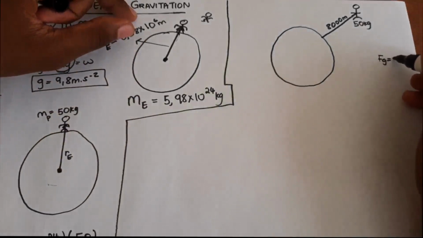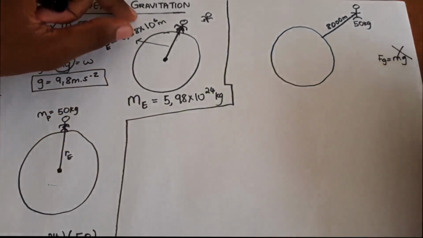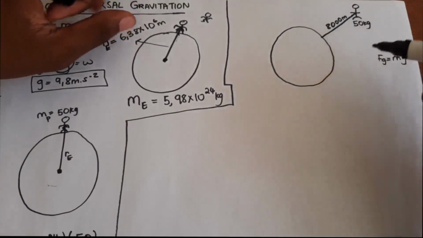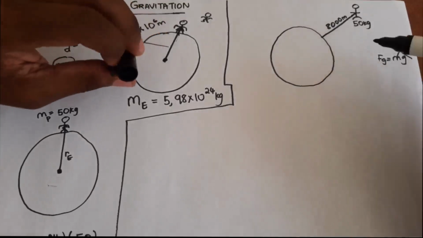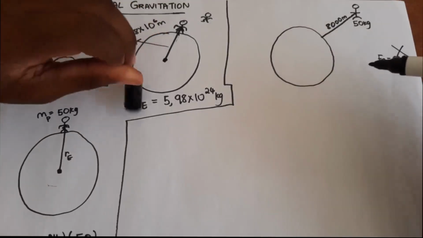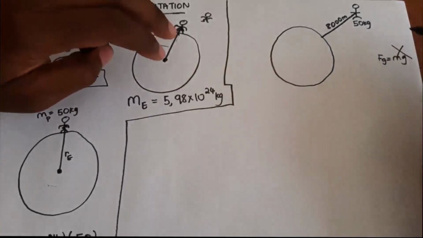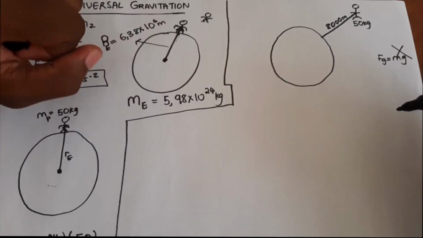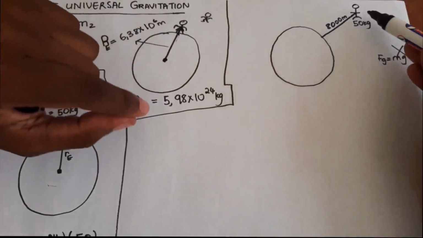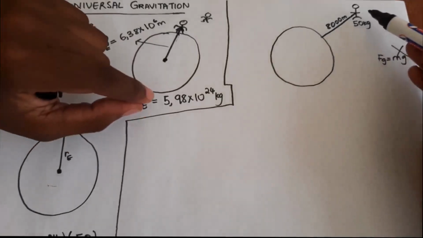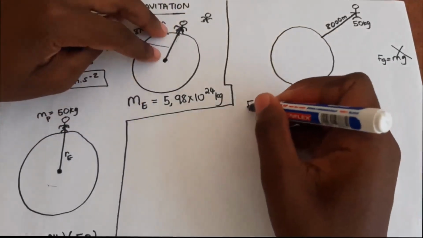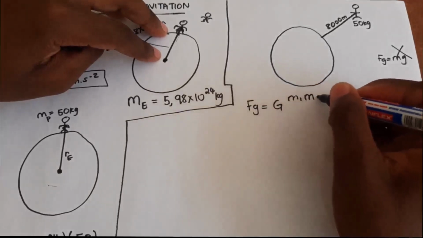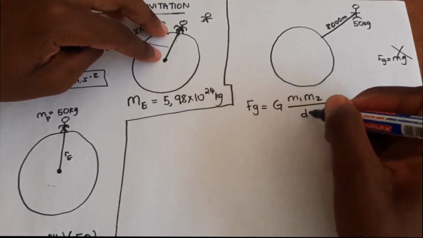We're definitely not going to use this one, because it is only applicable to masses that are in contact with the earth's surface. But now this one is away from the earth's surface, meaning that we're going to use this one: Fg equals the gravitational constant G times m1 m2, the product of the masses, over d squared.